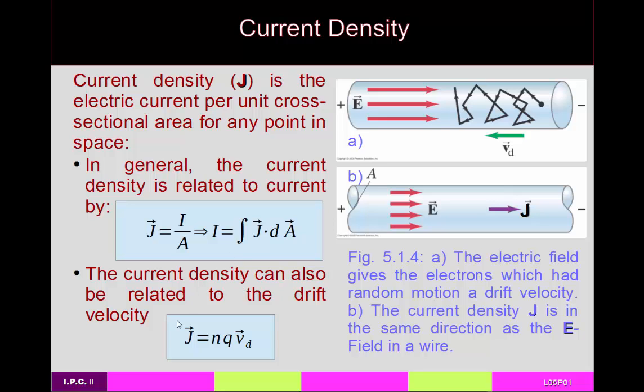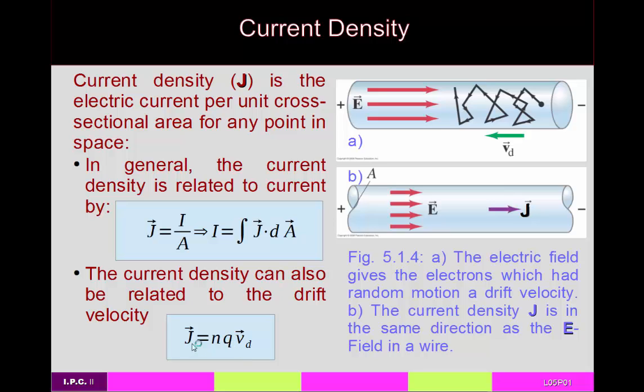In any case, you may or may not have noticed it at this point, we actually made use of the current density earlier in this little lecture, because the current density, J, is in fact the density of the particles per unit volume times the charge of each individual charge carrier times the drift velocity.